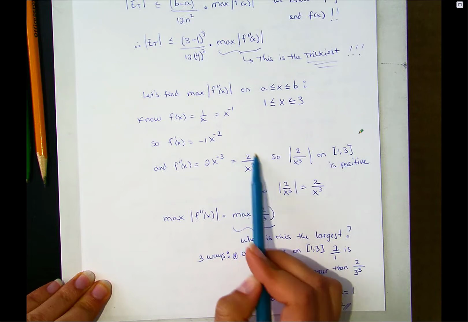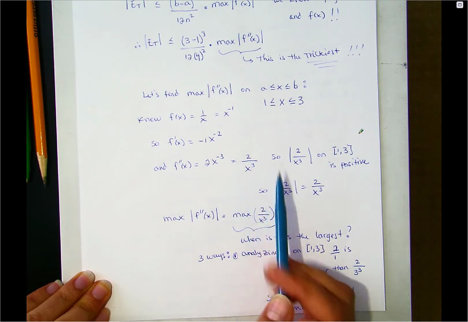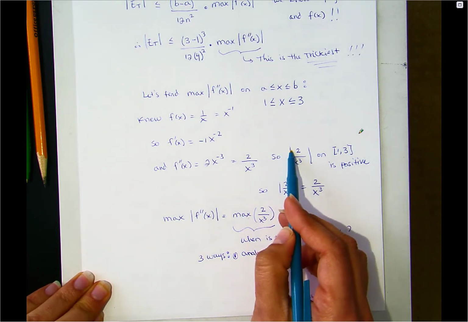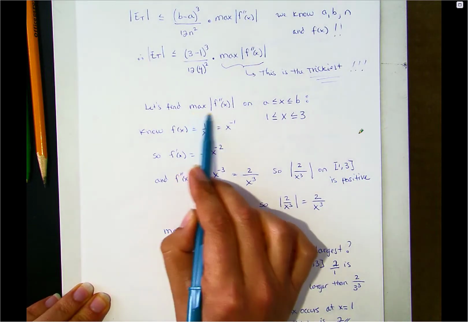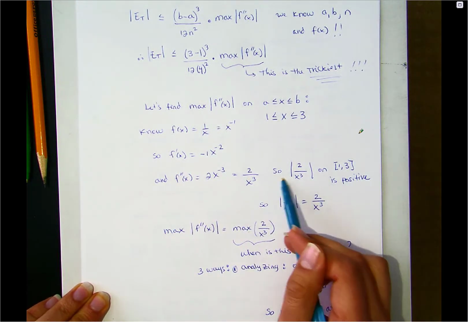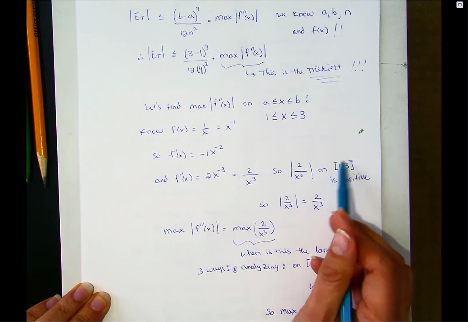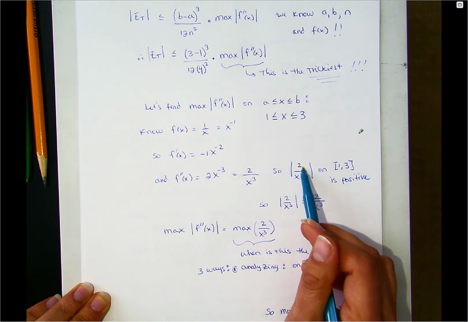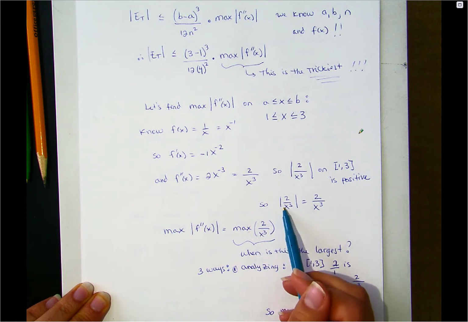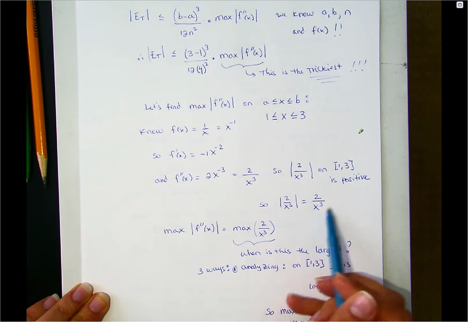That's 2 over x cubed. And we need to take the absolute value. Notice that the formula says the maximum of the absolute value. On the interval 1 to 3, the values are positive, so that's going to remain positive. So we can essentially just drop the absolute value.